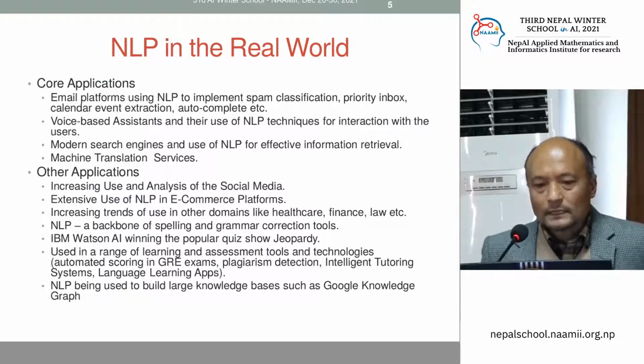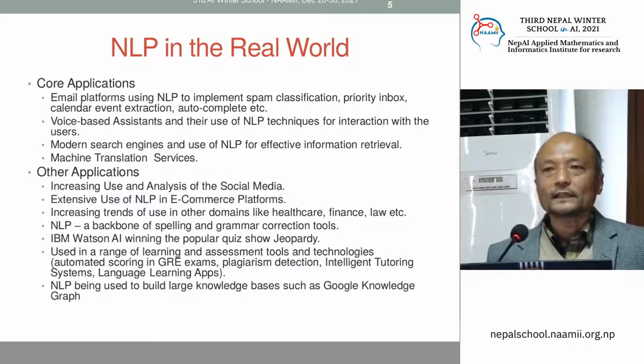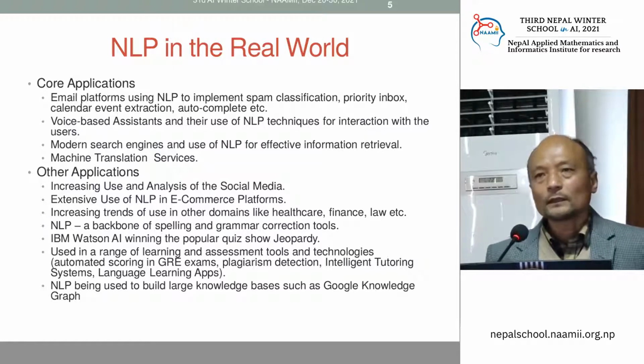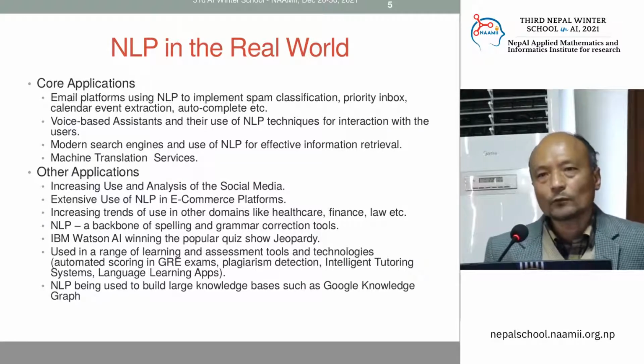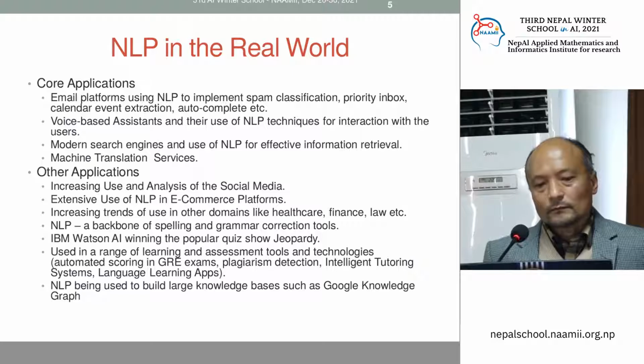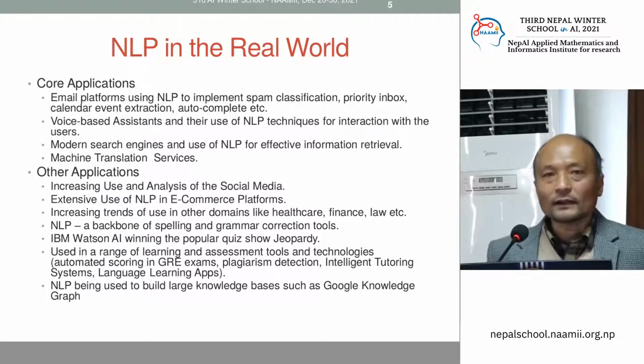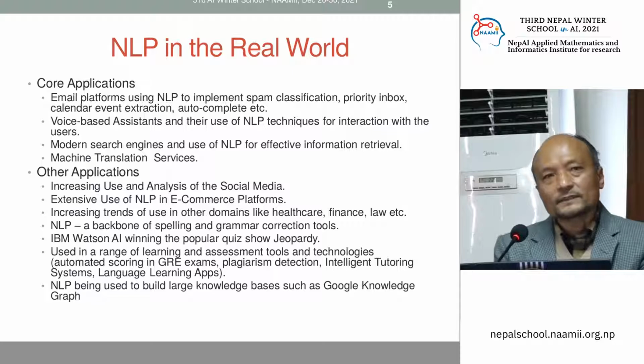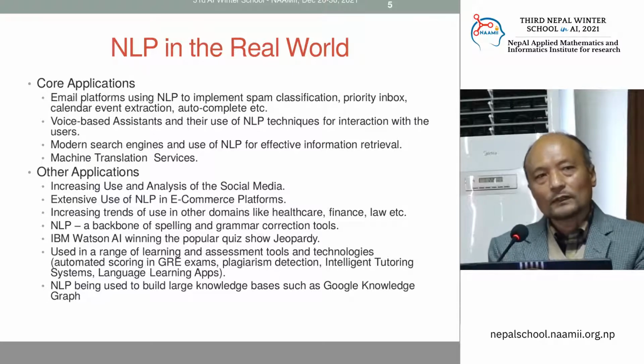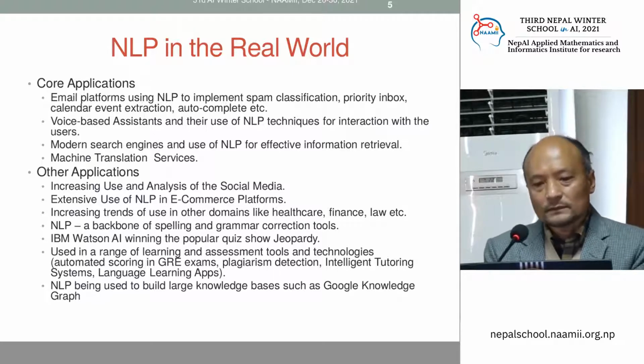So what are some of the applications of NLP in the real world? Because we might be interested to know why NLP is getting more and more prominent in our daily lives, right? So talking about NLP in the real world, there are several core applications. One of them is the email platforms, of course. So all of us use the email platforms, right?